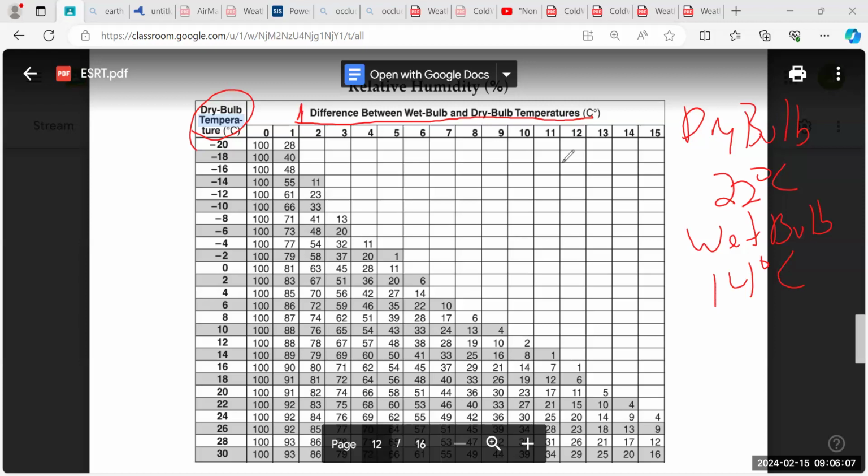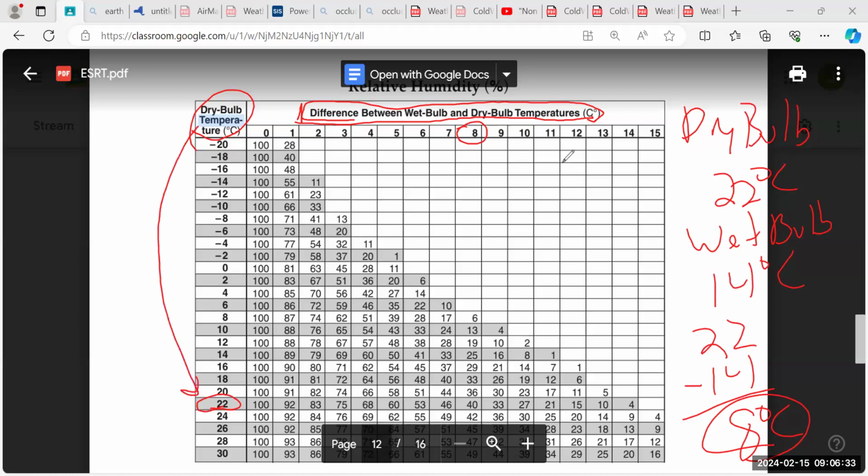To use this part of the chart, I need to know the difference between the wet bulb and dry bulb. 22 minus 14 gives me a difference of 8 degrees Celsius. So I'm looking at 8 degrees Celsius as the difference between the wet and dry bulb, and 22 degrees for my dry bulb temperature.